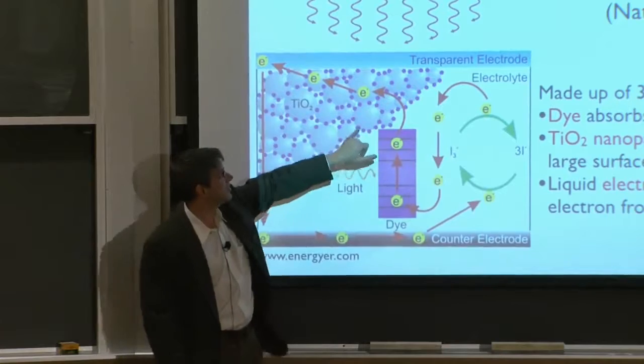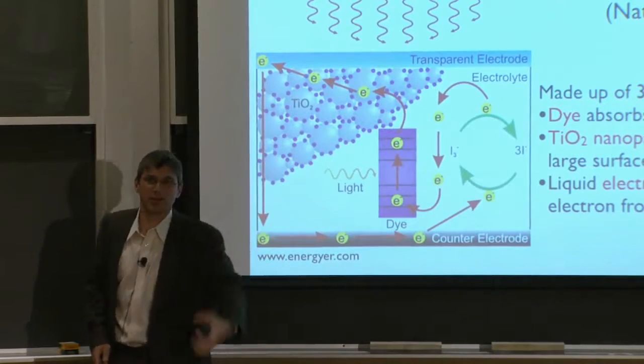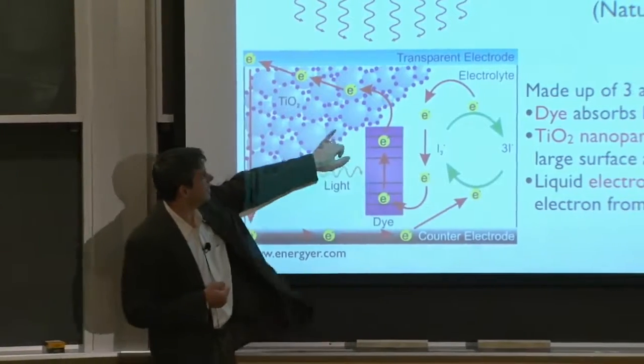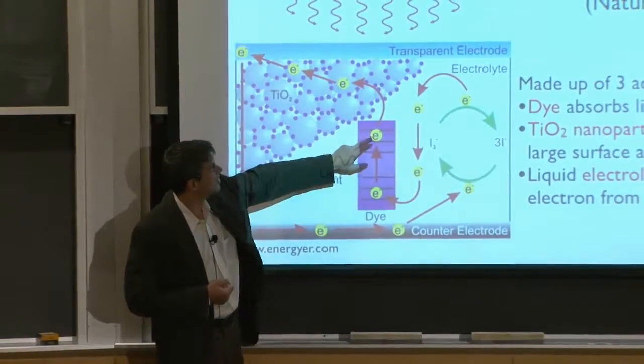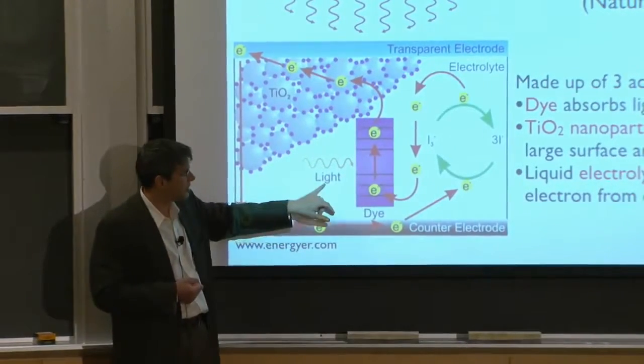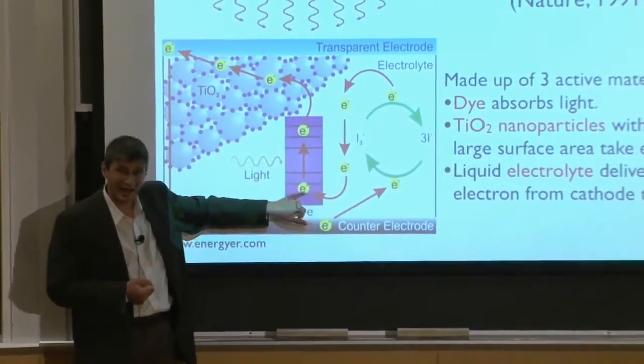And the dye, see, TiO2 by itself wouldn't absorb light very well, so the dye helps you kick the light absorption up. So that really helps. So the light is absorbed here, and then the electron transfers to the TiO2 and goes out here. And here's the problem, is you got to get that electron back.